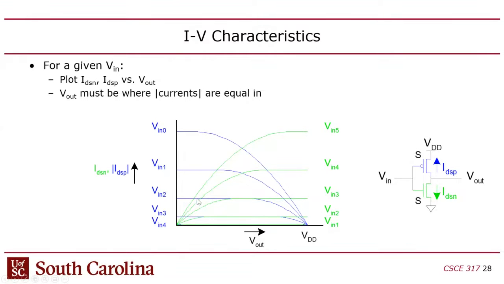And then for each of those input gate voltages, I check to see where the lines intersect. So where does the current flowing through the nMOS match the current flowing through the PMOS? And wherever they match, that's the true Vout voltage. Obviously for both you're going to get different voltages.